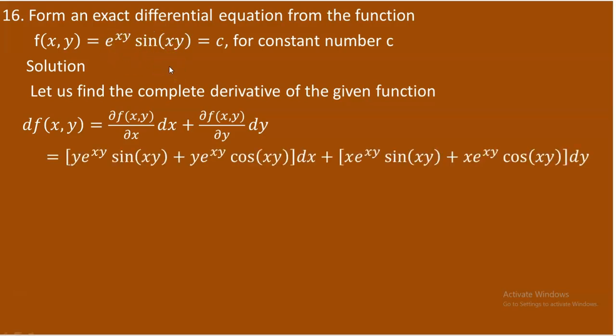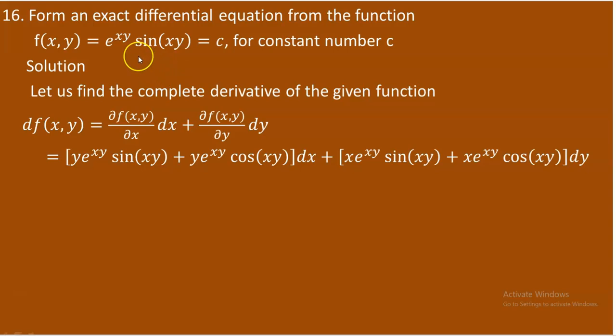For this, look, what we need to do is this. The partial derivative of e to the power of xy with respect to x is e to the power of xy as it is, but now we need to derive the exponent. When we derive the exponent, y comes down, so y e to the power of xy, and sine of xy is taken as it is because of the product rule. Then we have a plus in between.